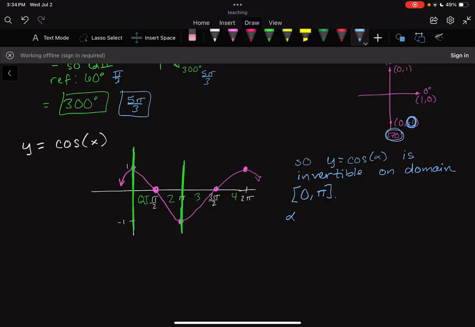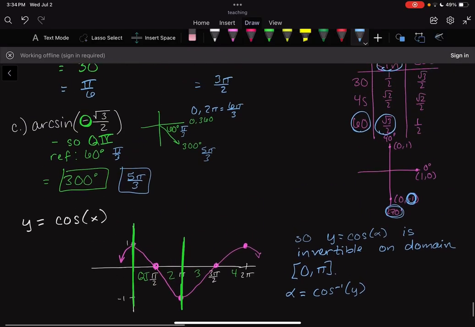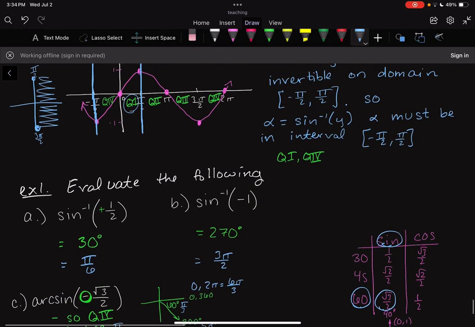So what this means is that alpha equals cosine inverse of some value. I want to write it how I wrote it up here.